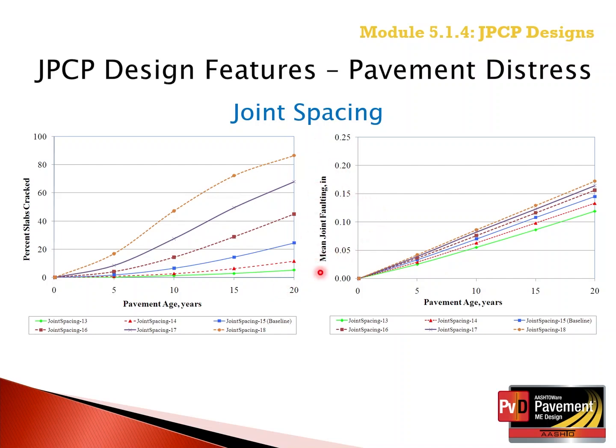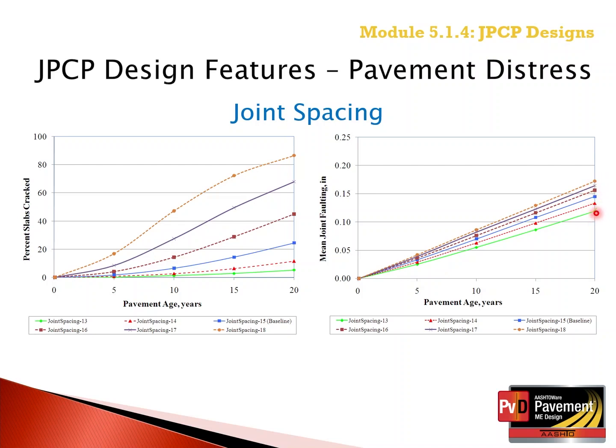The graph on the right shows the mean joint faulting as a function of pavement age throughout the design life. And as you can see, joint spacing has only a minor impact on mean joint faulting. So the designer should not start decreasing joint spacing to try to significantly reduce mean joint faulting.